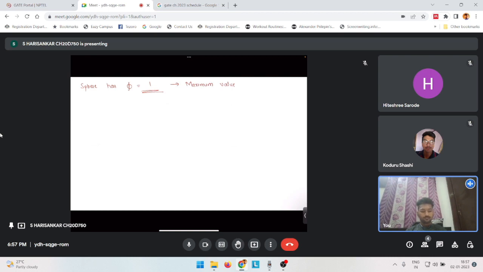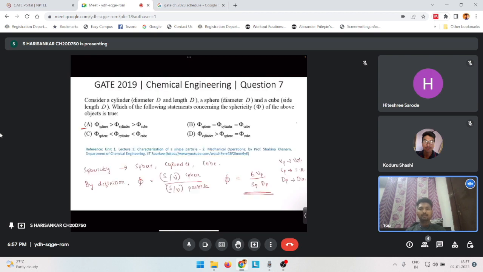Now, in all these 4 options, only option A has the option where the sphere has the highest sphericity. In all the other options, the sphericity of the sphere is not the maximum value. So, in short, option A here is the right answer by this logic.